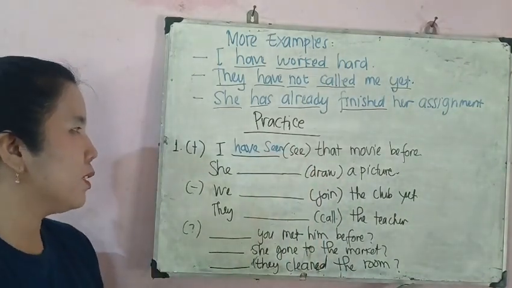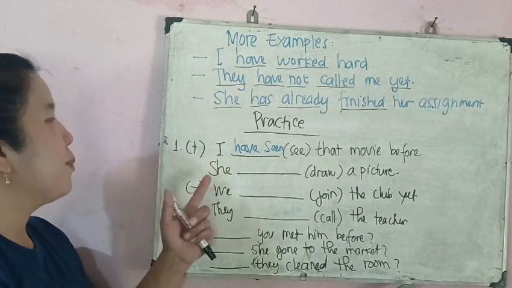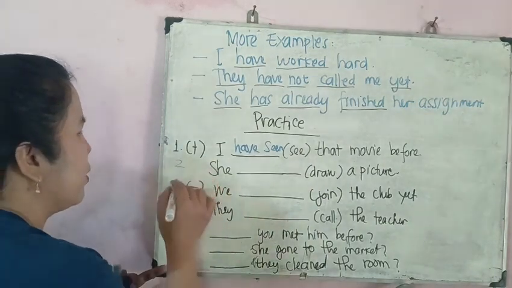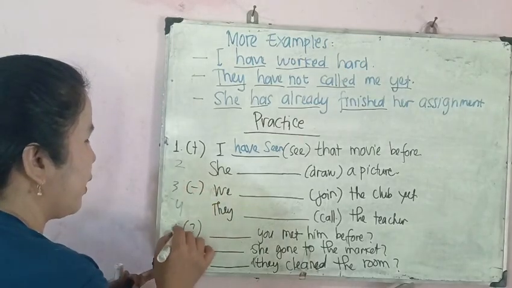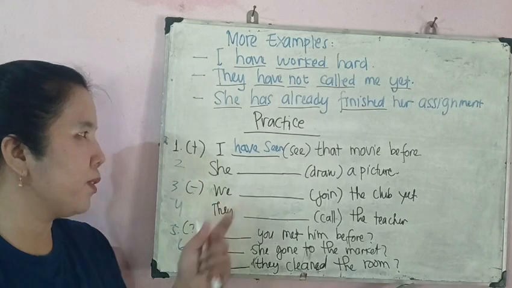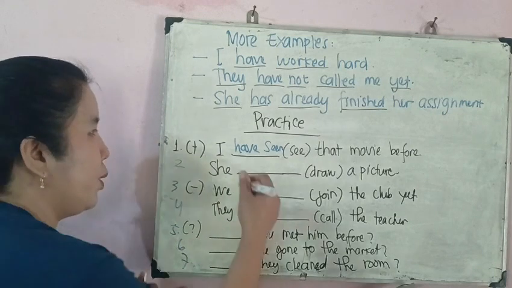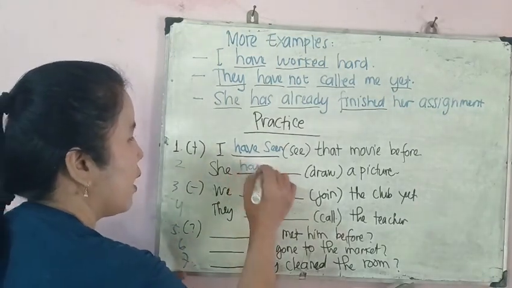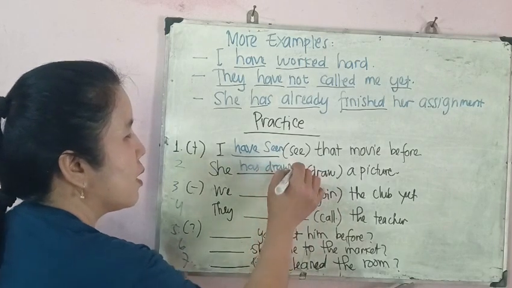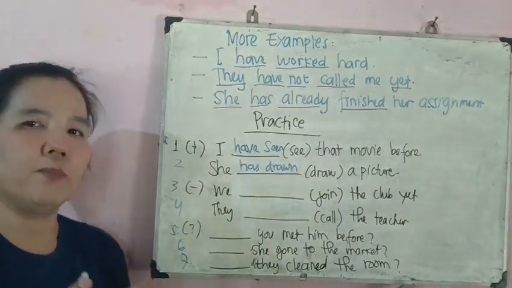Next, number 2. We put has and change draw to drawn. She has drawn a picture.